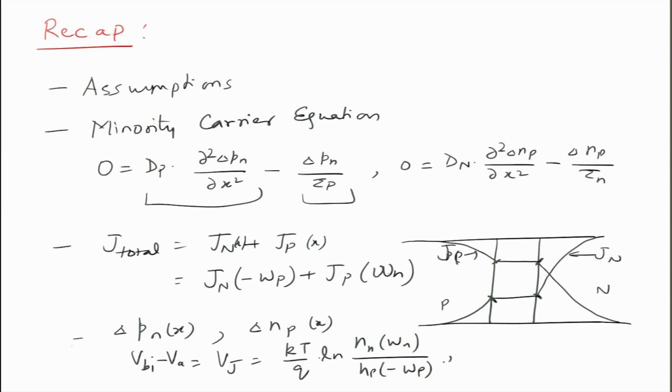Similarly, you can write the expression in terms of holes, which will be equal to kT divided by q ln of Pp at minus Wp divided by Pn at plus Wn, right. From the same, because if you recall in the previous, we took the electron term, we could have taken the hole term also.